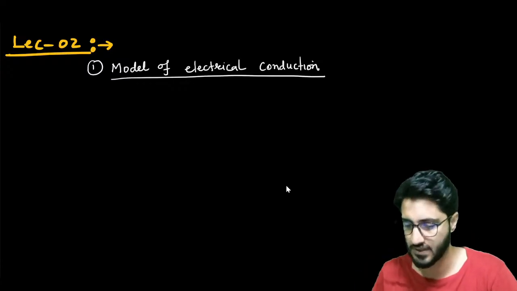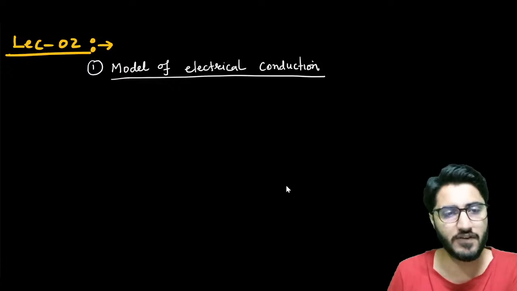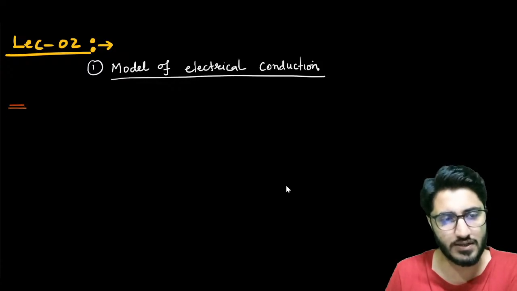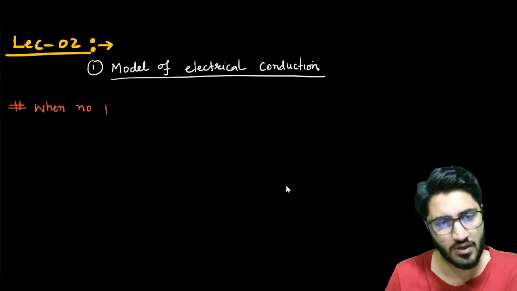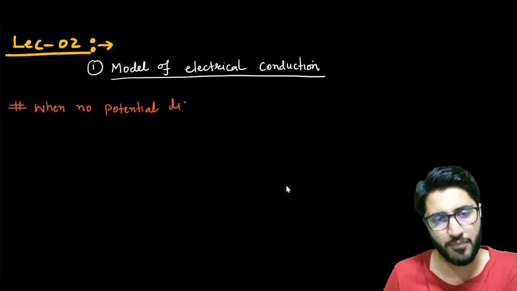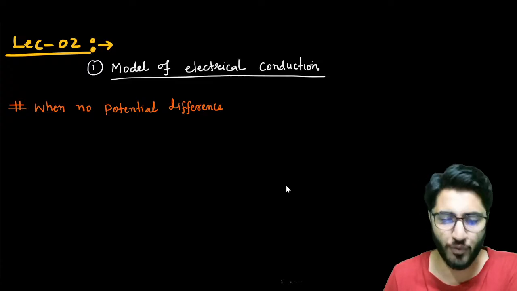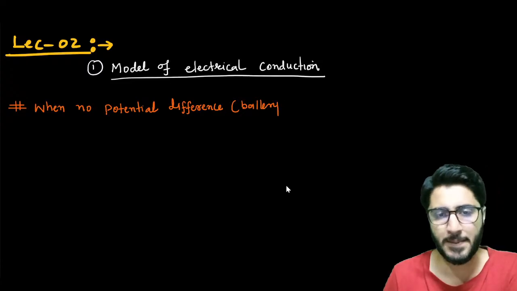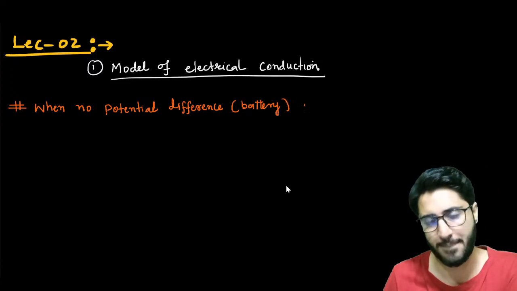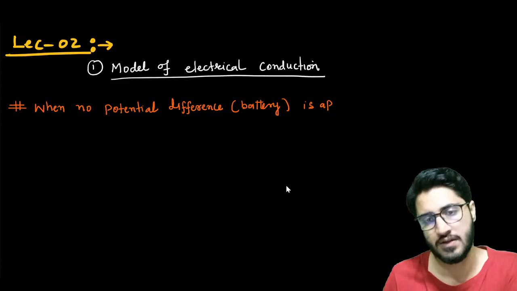When no potential difference is applied, potential difference simply indicates a battery or a cell is applied.